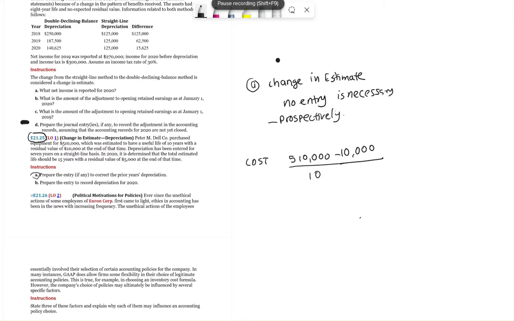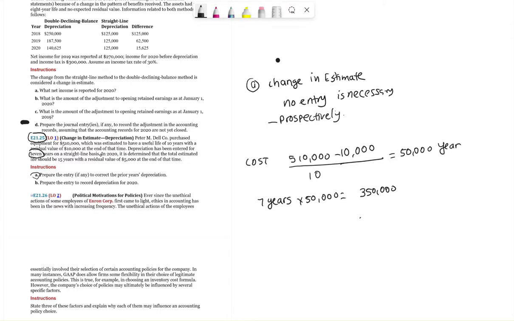Depreciation has been entered for 7 years using straight line depreciation: 510,000 minus the 10,000, divided by 10, gives 50,000 per year. With 7 years gone by, the depreciation we have taken so far is 350,000.